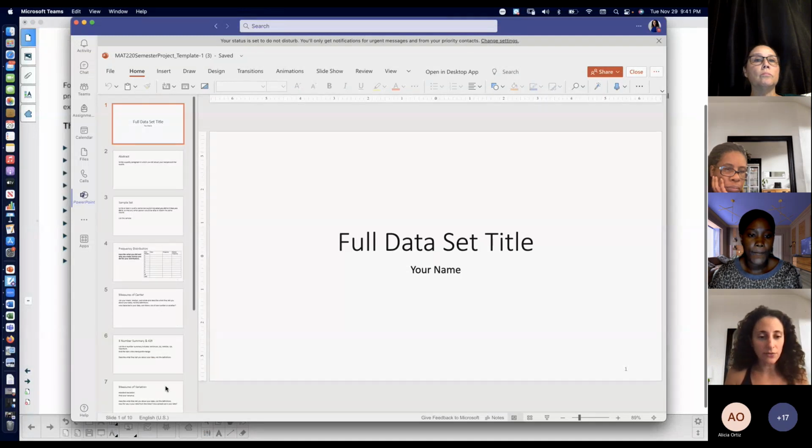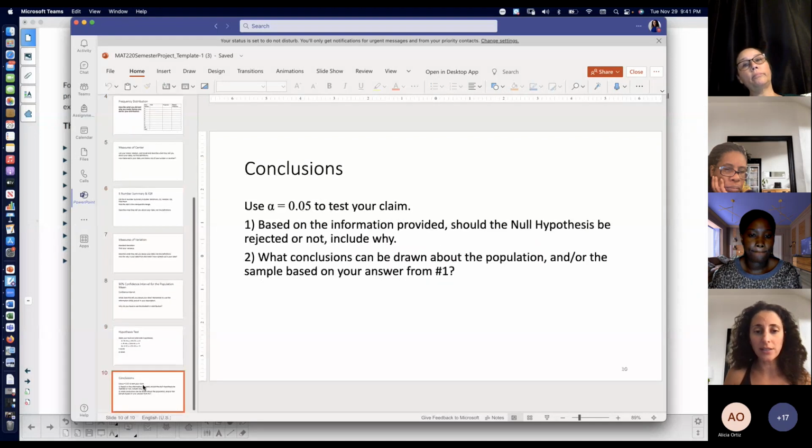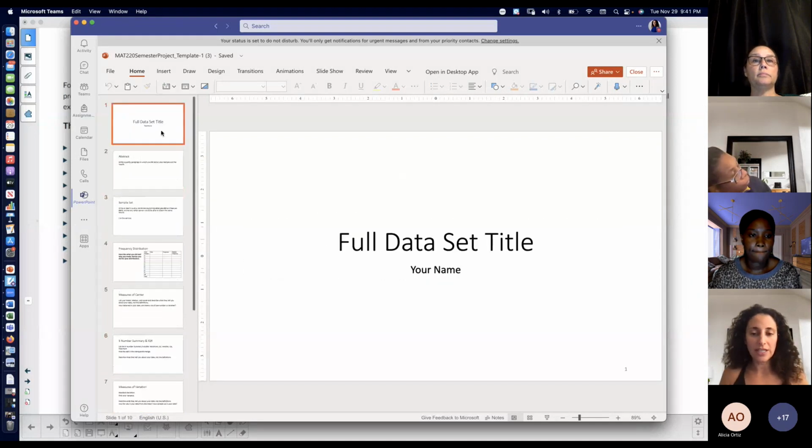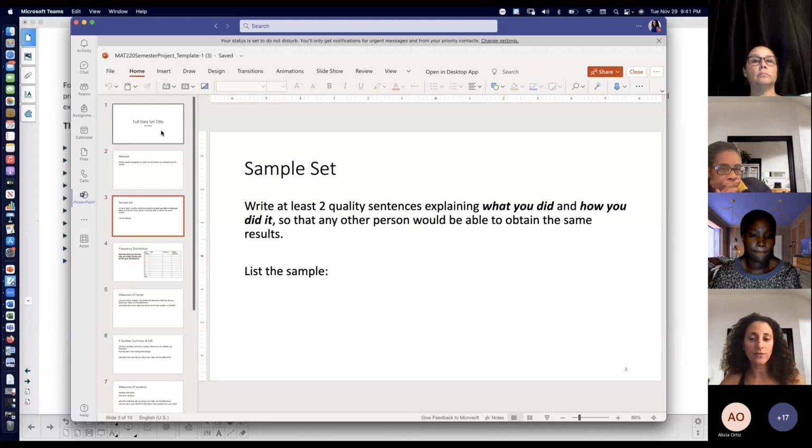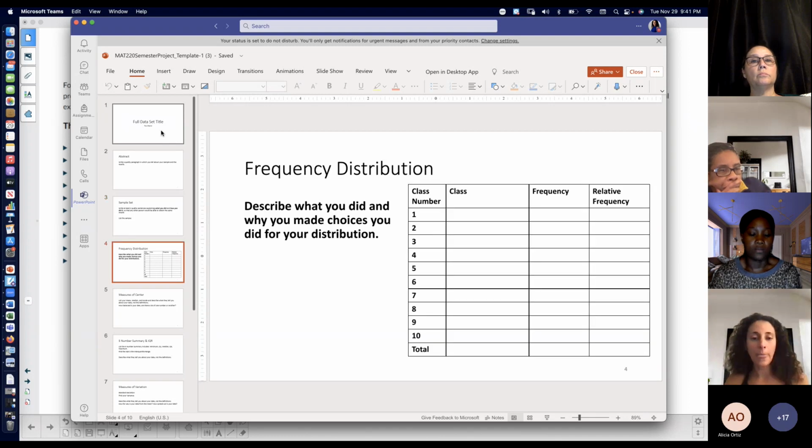I'll probably add some slides to this, but it consists of 10 slides. The first slide is your data, title, your name, abstract, sample set, how you found the sample set, what it looks like, frequency table. I think this was extra credit 2.